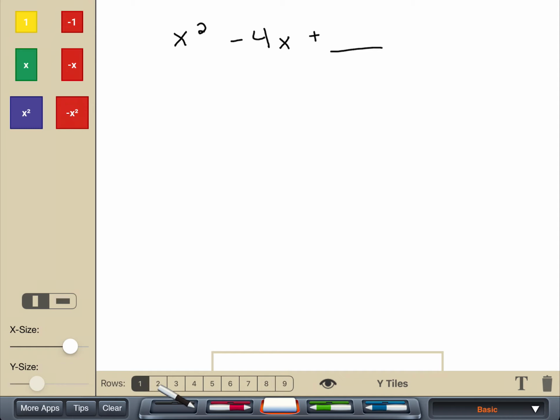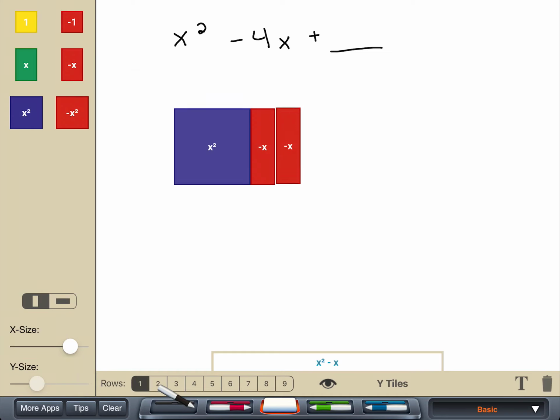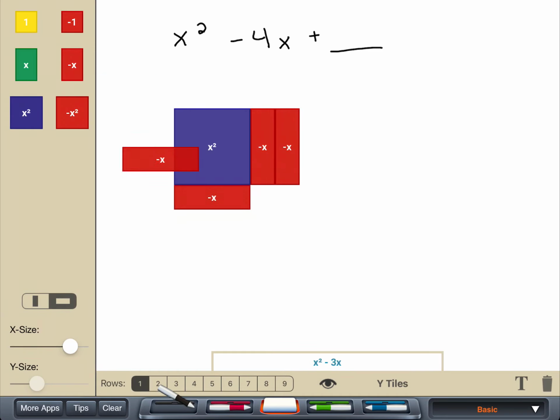So I'm going to take an x squared, and I'm going to take negative 4x. So I'm going to put 2 on this side, and then I'm actually going to put 2 on the bottom. So I'm just splitting it in half because remember our goal is to make a square. This is called completing the square, right? So we need to figure out what would go in that missing spot to complete the square.